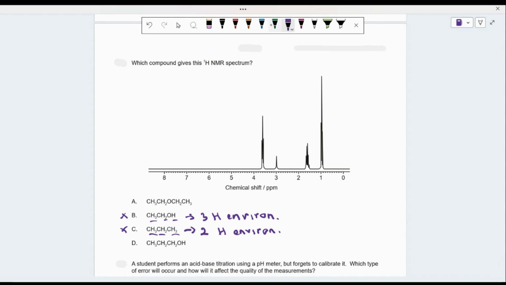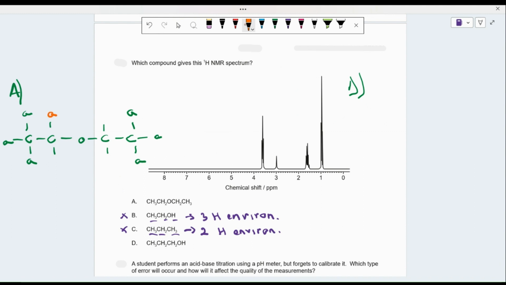Let's draw them out. Well, this is very symmetrical, so this environment is the same as this environment. Then this one, B, is the same as this one, so we only have 2 hydrogen environments.